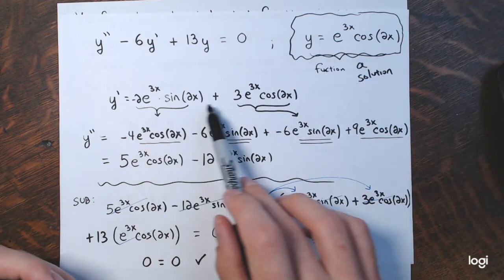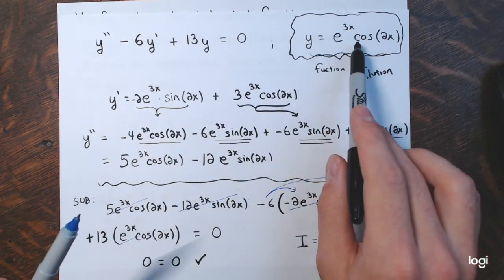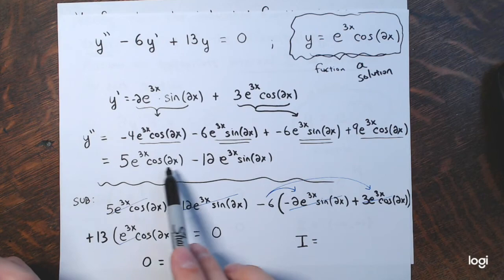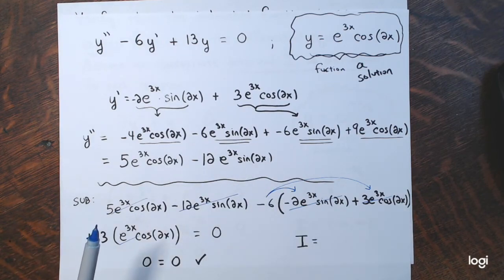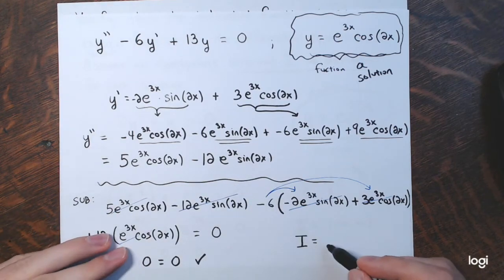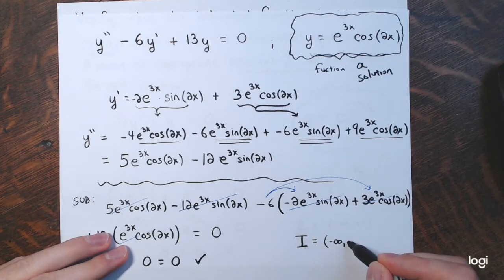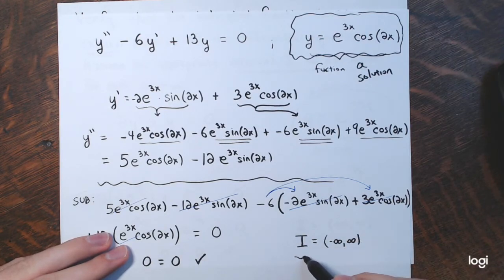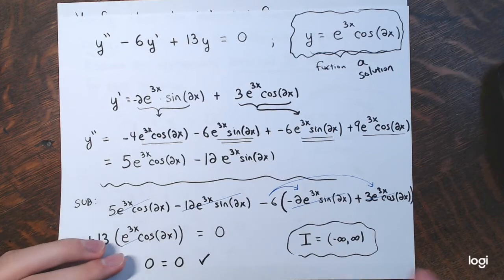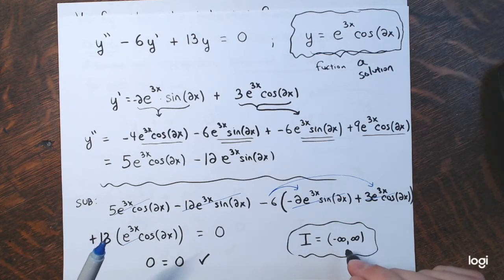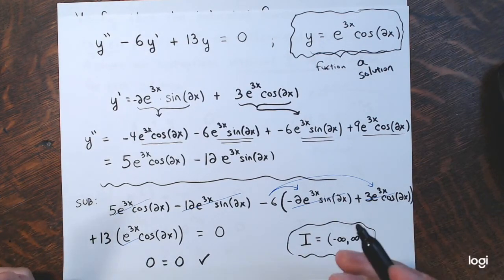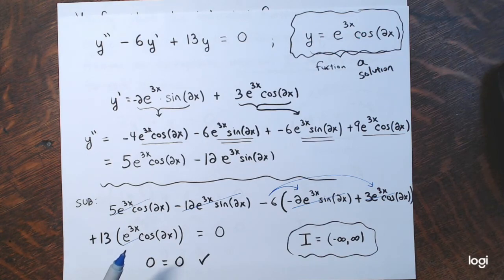All the derivatives, this function, its first derivative, its second derivative, are defined everywhere. So again, the interval of definition for this solution would be all real numbers, but please know that this is not always going to happen. We'll see examples in other videos, I'm sure, where the interval of definition is not all real numbers.